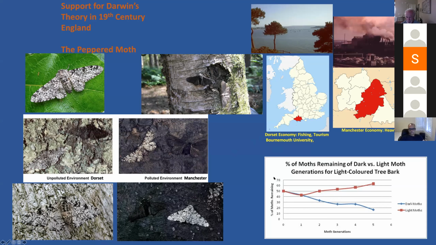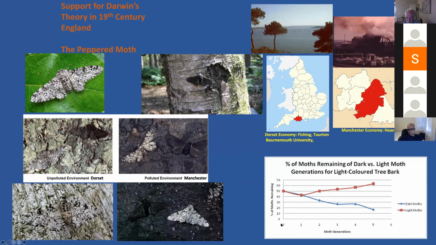And this graph here shows the result of an experiment where an area was identified, and a mixed population of moths was released in this area where all the trees had light-colored bark.